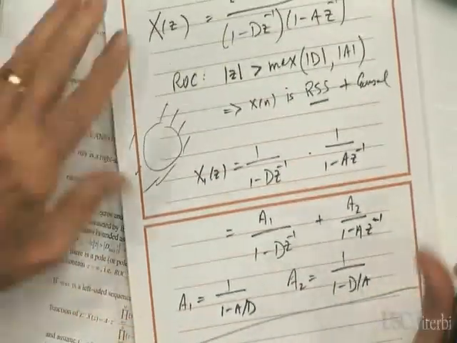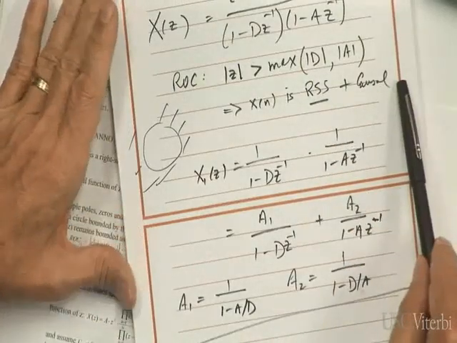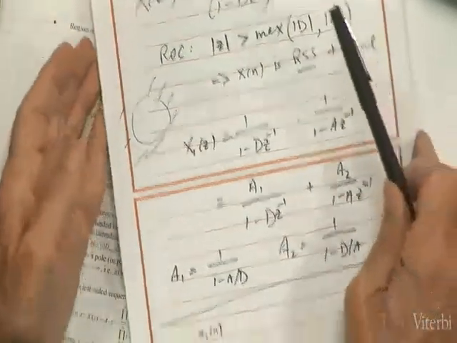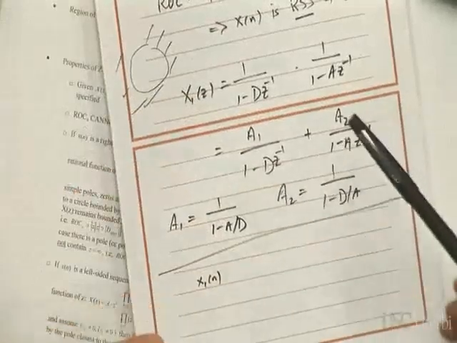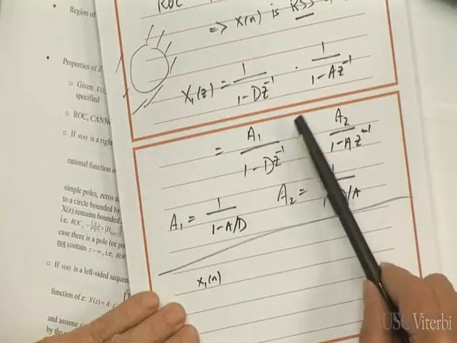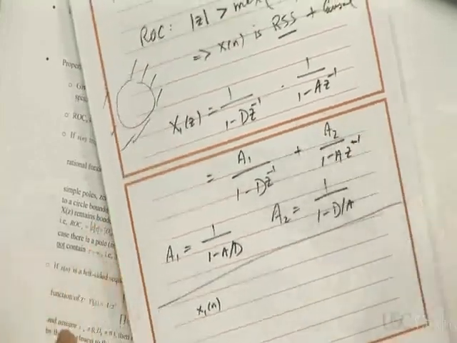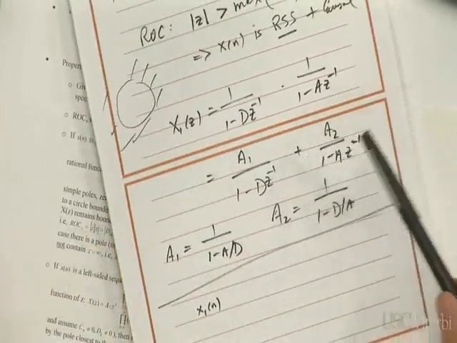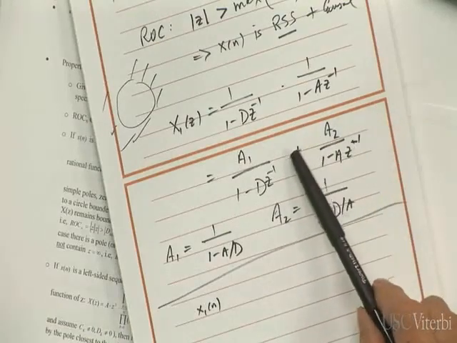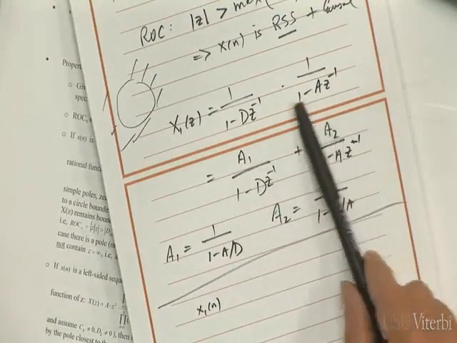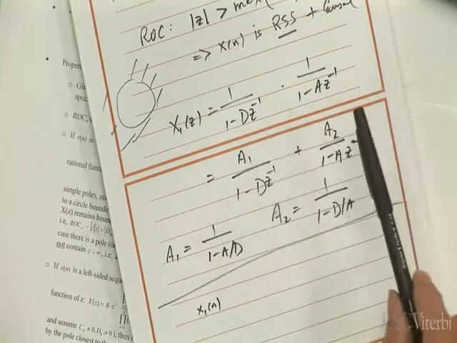But you have a pretty good clue from the fact that x of n has to be right-sided. The region of convergence is |z| greater than d or |z| greater than a, whichever is larger. So in both cases, you can use the same geometric expansion to invert these transforms, like we just did.